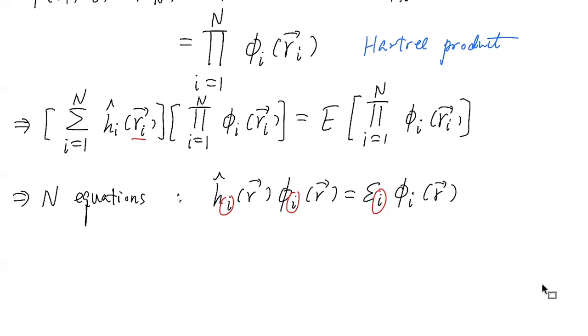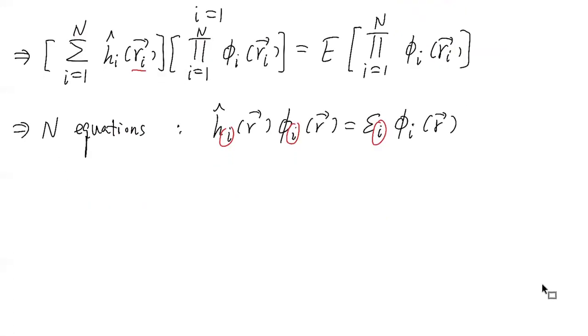And epsilon_i is the eigenvalue for the ith eigenequation. The point here is that r_ij is no longer in the equation.